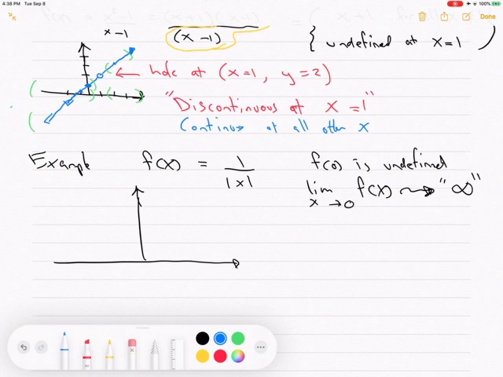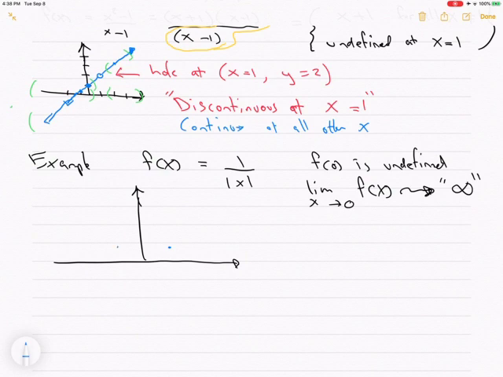If you plug in 1, 1 over 1 is 1. If you plug in 10, you're doing 1 divided by 10, so it's getting smaller and smaller. But as you get closer to 0, think of if x is really small, like 1 over 100: 1 divided by 1 over 100 is 100, so it's jumping up like this.